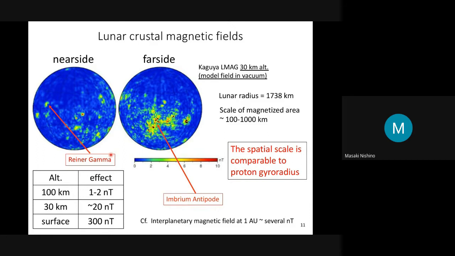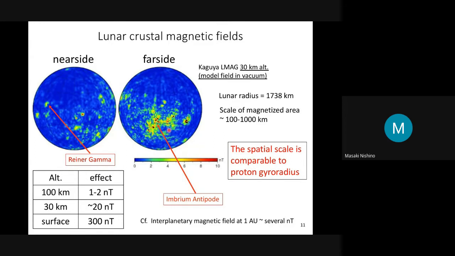As you see here, the left side corresponds to the near side of the moon, and the right side corresponds to the far side of the moon. A very large and strongly magnetized region exists on the lunar far side in the southern hemisphere. Actually, this is around the South Pole-Aitken Basin, around here.